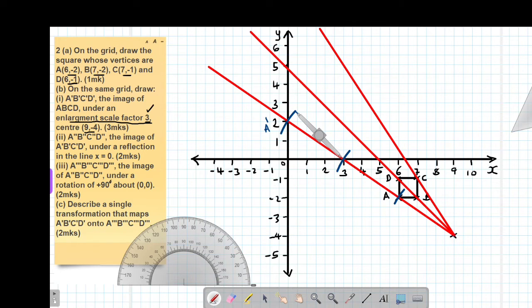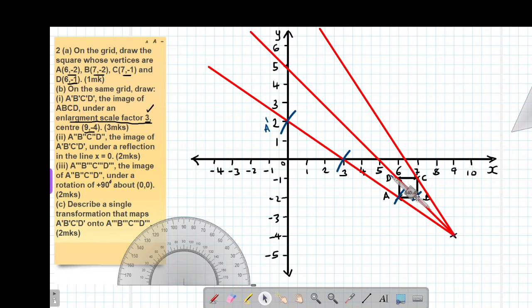Then we are going to repeat the same procedure for the other points. So let me move to point B. You take the tip of your compass to the center of enlargement. Then you align it with point B, because I want to enlarge point B. Once it is at point B, you make an arc through that particular point B. So I'm making my first arc.